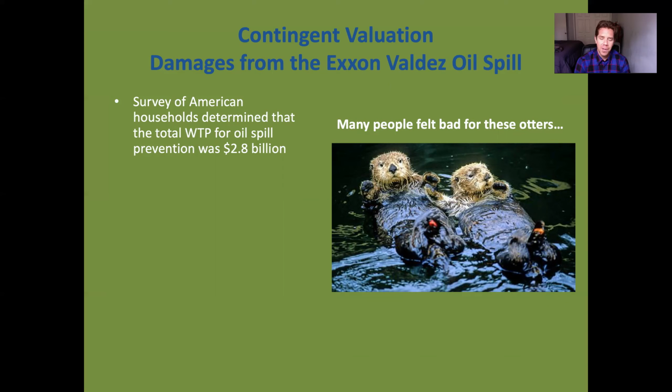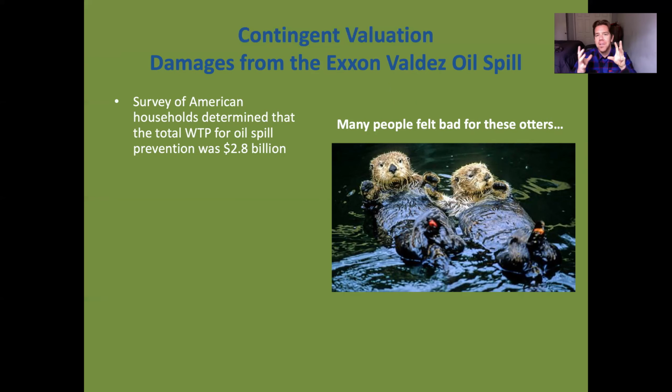And so what was done was a survey conducted with a sample of American households, so the whole country. They were asking basically, how much do you value knowing that Prince William Sound, this pristine Alaskan wilderness, exists, right? What's the value of keeping it there? And this is a difficult question.